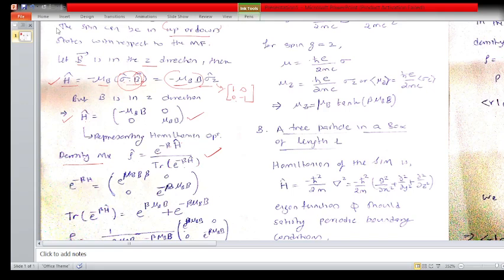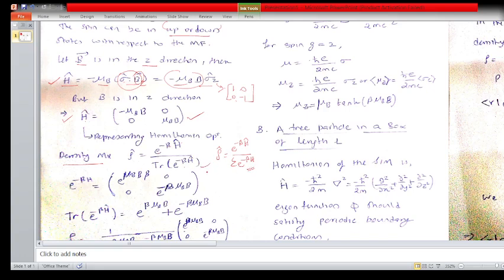The sum of e raised to minus beta H we call Q, which is the partition function in the canonical ensemble, and that is the same as the trace of the matrix e raised to minus beta H.